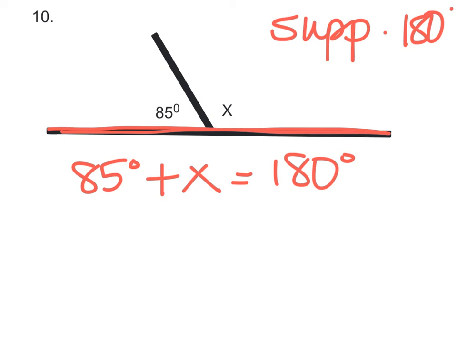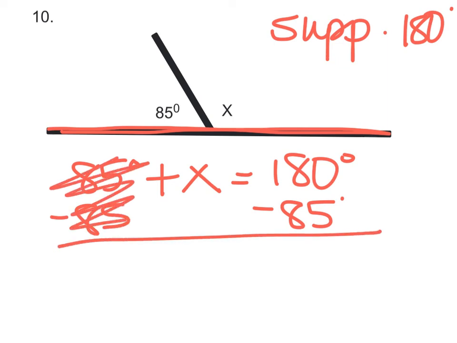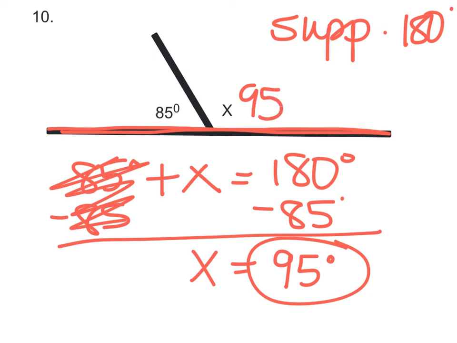So if you take 180 and subtract the angle that you know, which is 85, that should leave you with the angle that you don't know, in this case 95. So 95 and 85 are supplementary because they add up to equal 180 degrees.